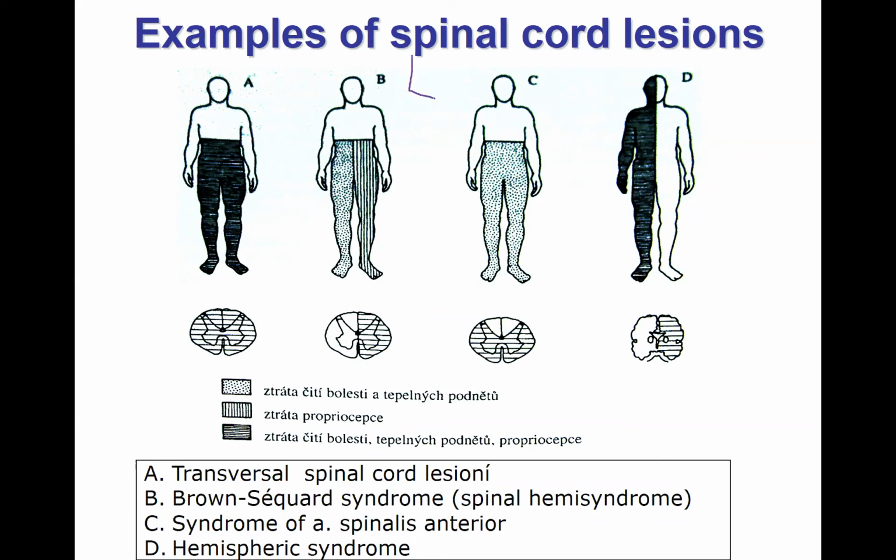The descending motor tract, the pyramidal tract, is decussated at the level of C1. So that's the pyramidal tract. When we say that the problem is here on the left side, as you can see in the patient, the patient has no movements on the left side.